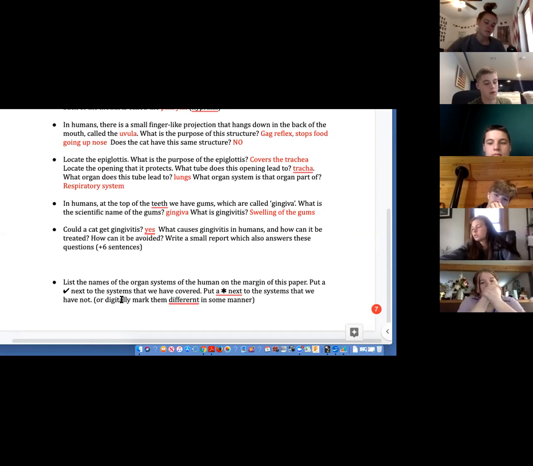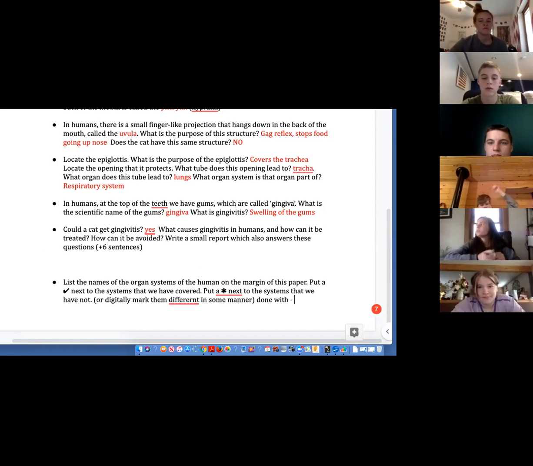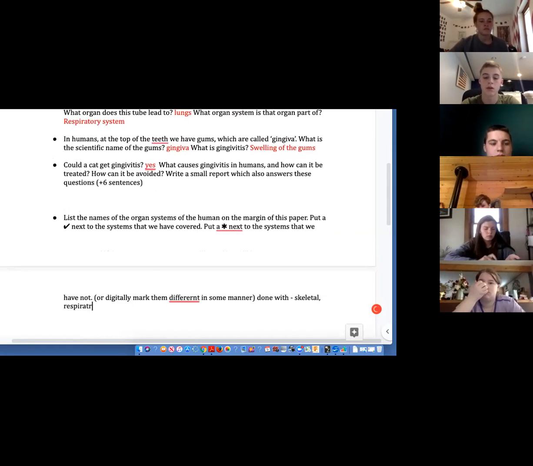And then list the names of the organ systems of humans on the margin. Put a check next to the systems we've covered. What systems have we gone through? We went through the skeletal, respiratory, muscular, integumentary.